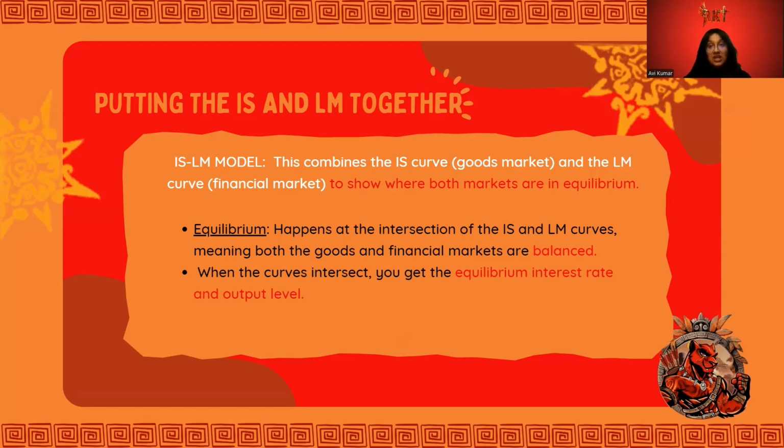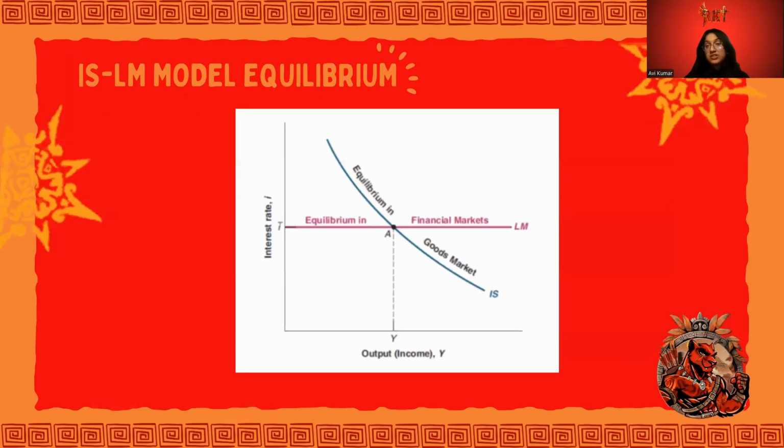When the curves intersect, you get the equilibrium interest rate and output level, as you can see in this graph. So we have the IS curve and we have the LM curve. The IS curve showing the goods market, the LM curve showing the financial markets, and the point at which they intersect shows the equilibrium. So we have the equilibrium output below, and we have the equilibrium interest rate.